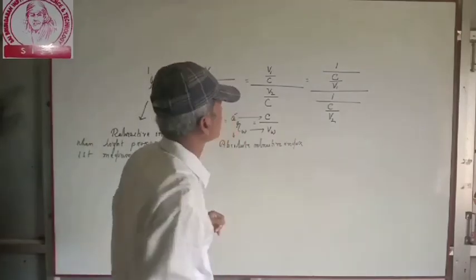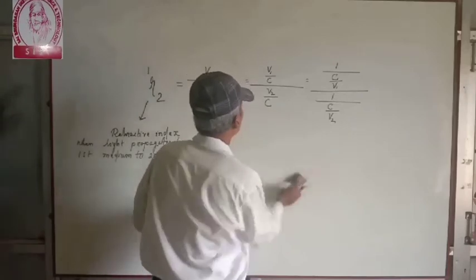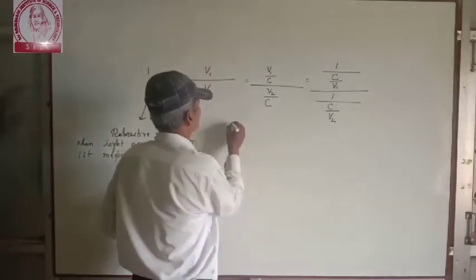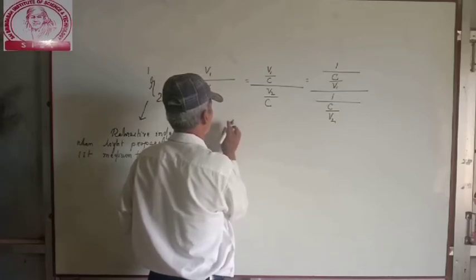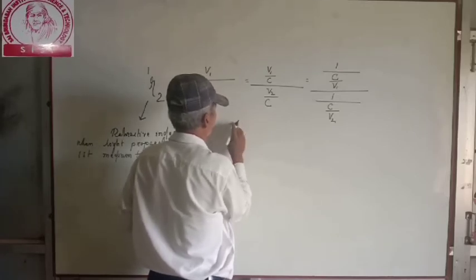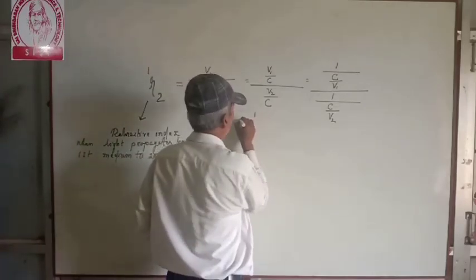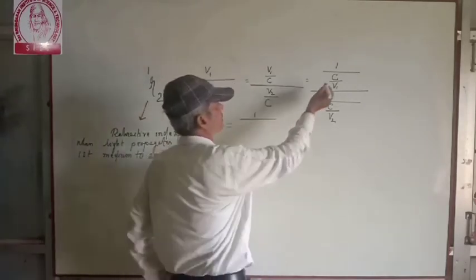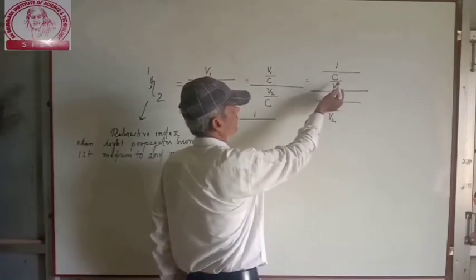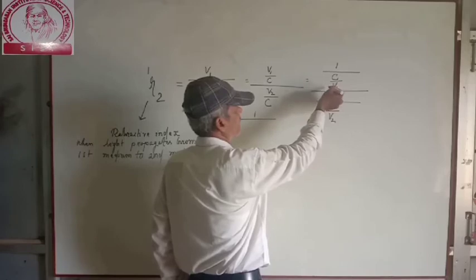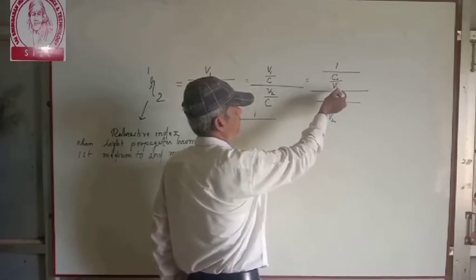So now tell me, this is equal to 1 by, you see here, this is the formula of absolute refractive index, because it is C by V1.